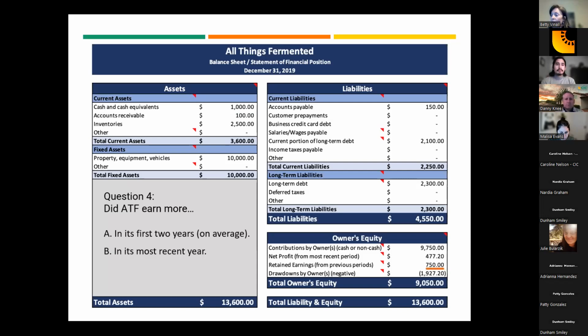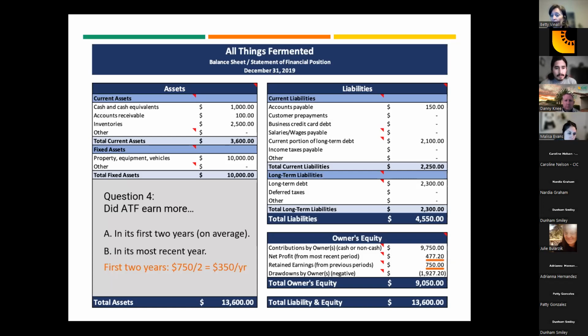So we know here the retained earnings are $750. And we've been told that All Things Fermented has been in business for 3 years. So $750 is capturing the first 2 years of business. So we're saying that's an average of $350 a year.